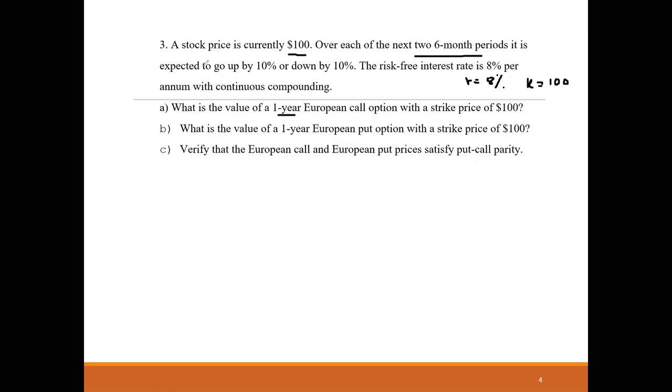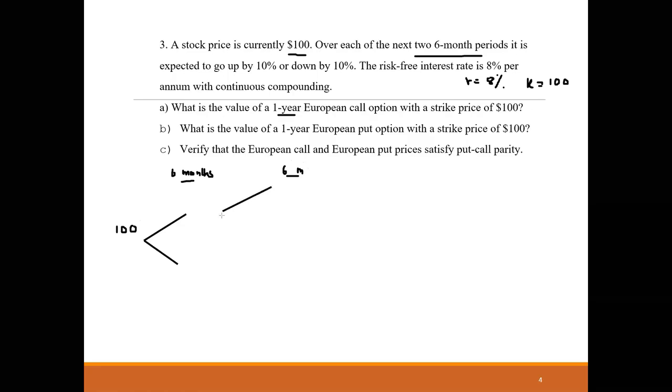Show the different paths that the stock price can take. You start with 100, the price of the stock today. We are looking at two steps here, 6 months, and another 6 months later. Look at after 6 months, what would be the possible stock prices?